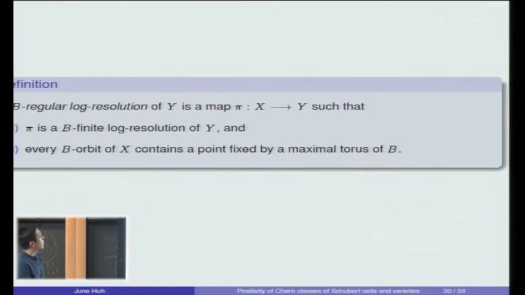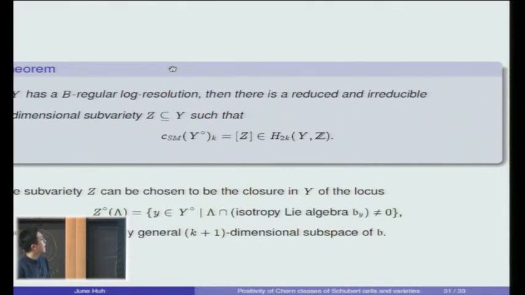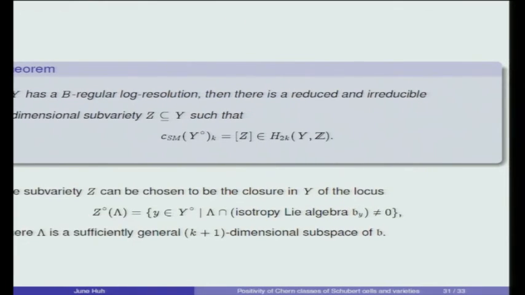Well, in fact, they do have one further nice property that I call B regular, which is a B-finite log resolution such that every B orbit of the resolved variety has a point fixed by a maximal torus of B. Again, it turns out that Schubert varieties in Grassmannians have such a resolution of singularities. And the fact that you can deduce from the existence of such an even nicer resolution is the statement that you have seen before.